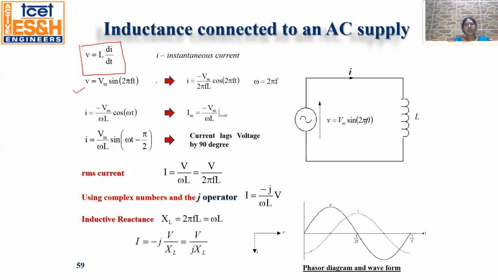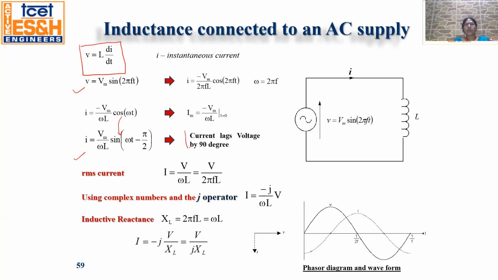It gives the current in the form of cos, which you can also write as minus Vm by 2 pi fL cos 2 pi ft, or minus Vm by omega L cos omega t. In terms of sine, you can write Vm by omega L sin(omega t minus pi by 2).